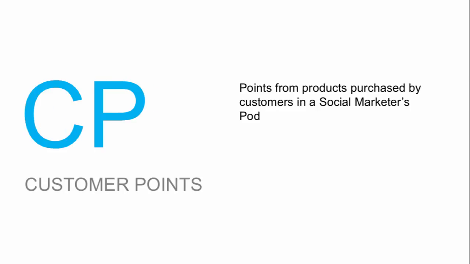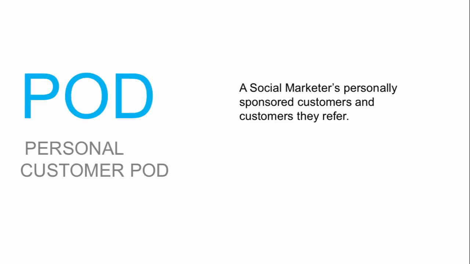Well, a customer point is called CP because it's a customer making the purchase. So CP is simply points from products purchased by customers in a social marketer's pod, and we're going to talk about a customer pod here in a moment. So what is a customer pod? A personal customer pod is a social marketer's personally sponsored customers and customers they refer.